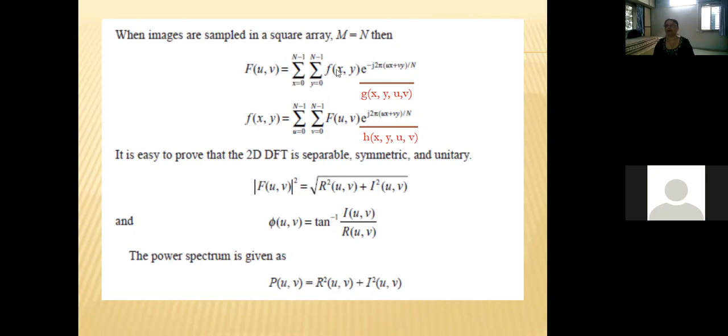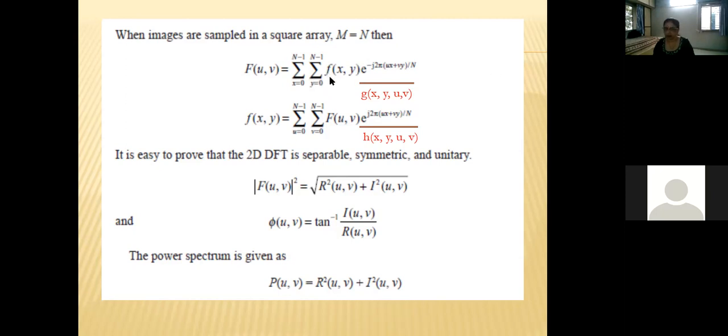And f(x,y) is the value of that pixel. So x and y are indices in your image plane or image space, and similar to the xy index in the image plane, we have the uv index in the frequency domain.